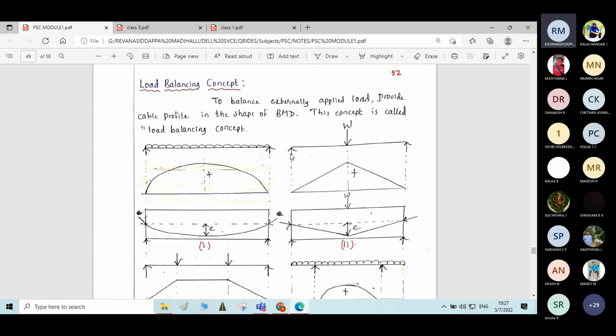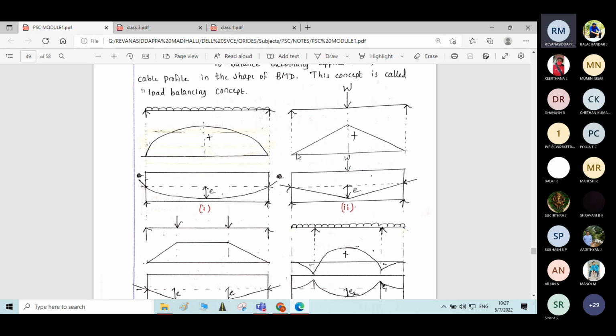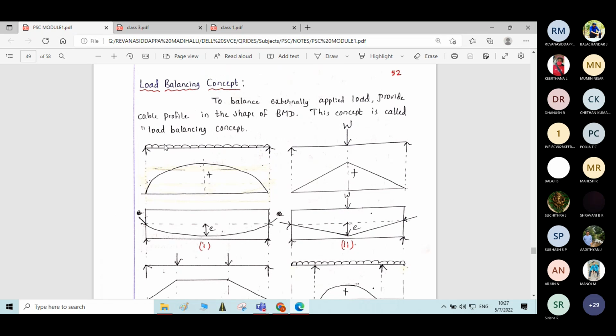Now here, first we will calculate the nature of the bending moment diagram. Here you can see, students, I have taken a simply supported beam which is acted upon by uniformly distributed load throughout its length. For that, if you find the nature of bending moment, this is the nature of bending moment.